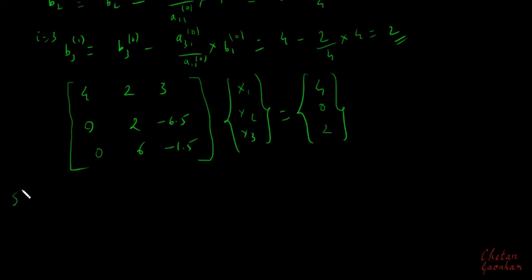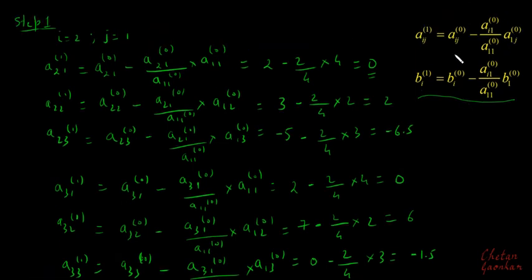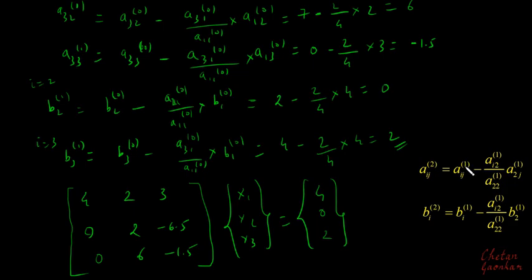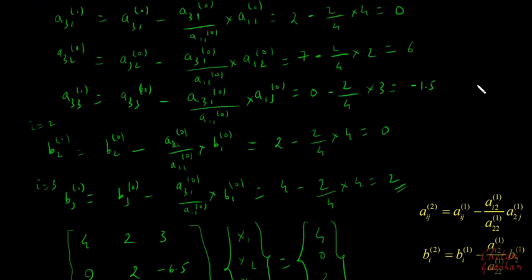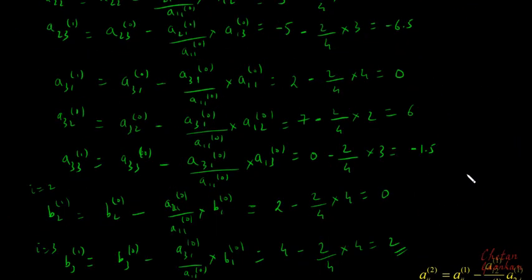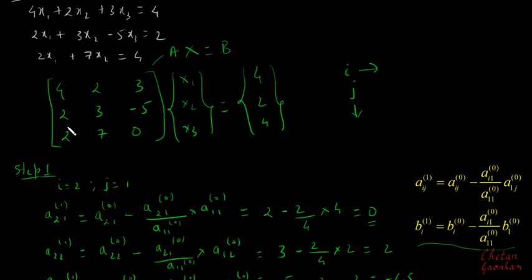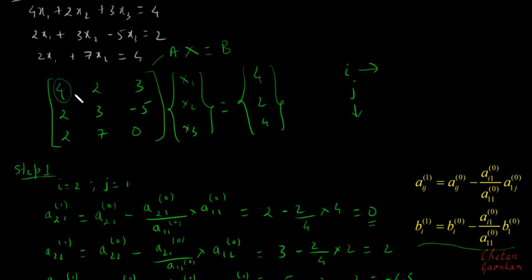Now in step 2, we'll have to use this new formula. So basically the formula will remain as it is, but now the 1 will be replaced by 2, that is for the second set, and the zeros will be replaced by 1. Earlier we were trying to make all these terms 0, this term and this term, with respect to this element a11.